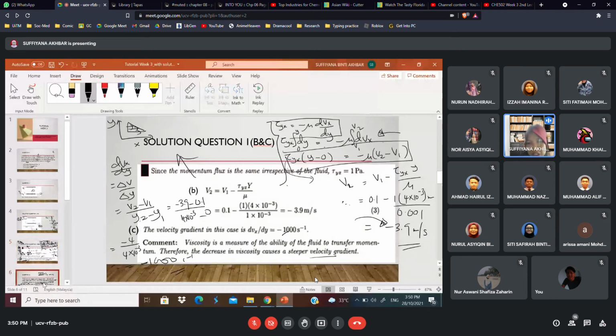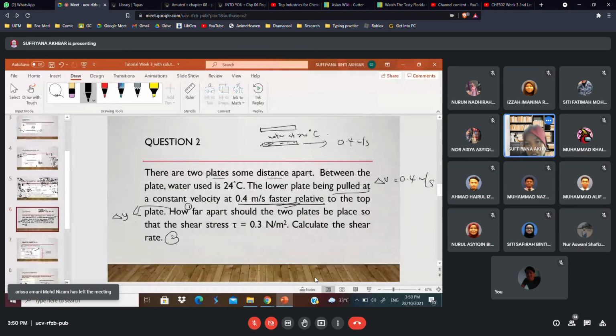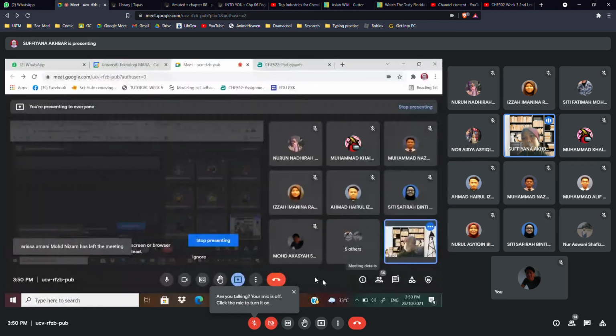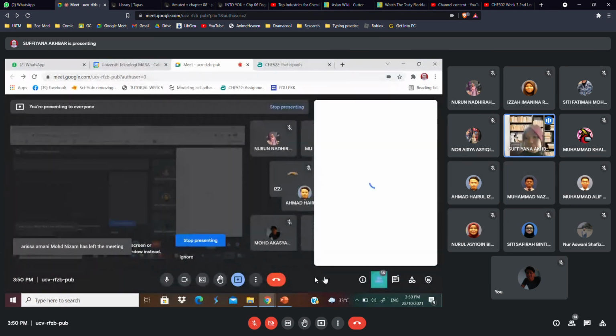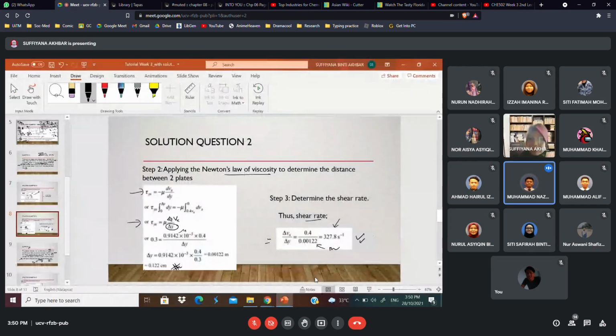Okay, so any question before we dismiss? Doktor, kalau gradient shear tu positif, dia negatif. Yes, become. Kalau the negative from here.